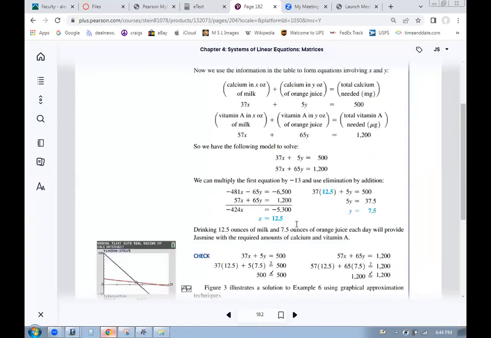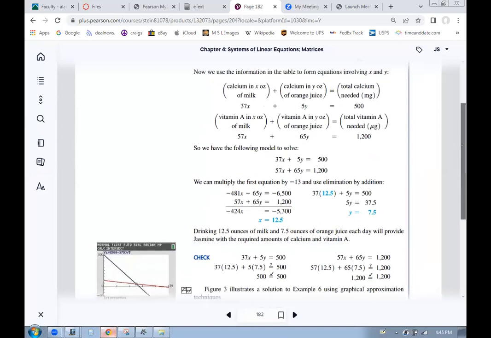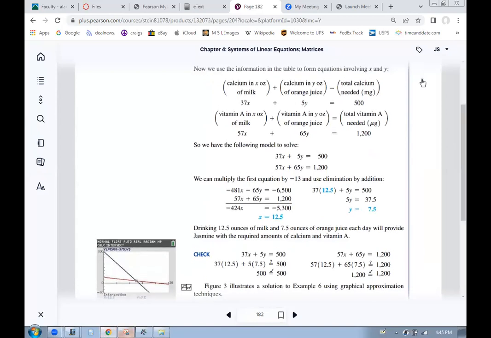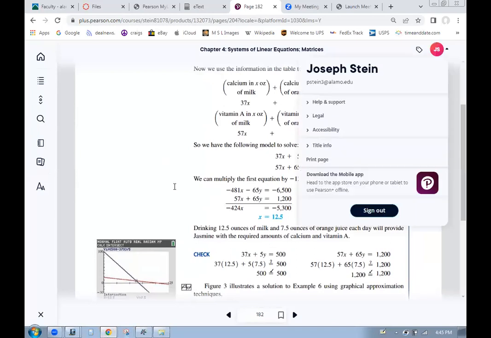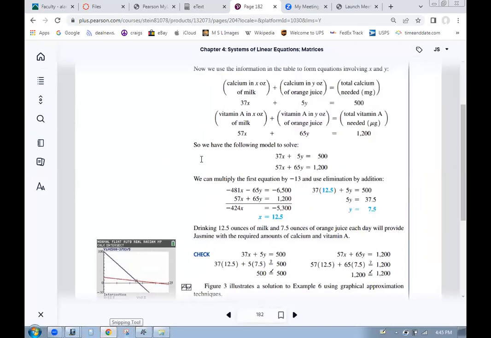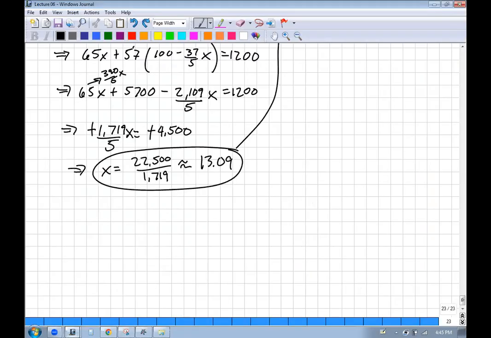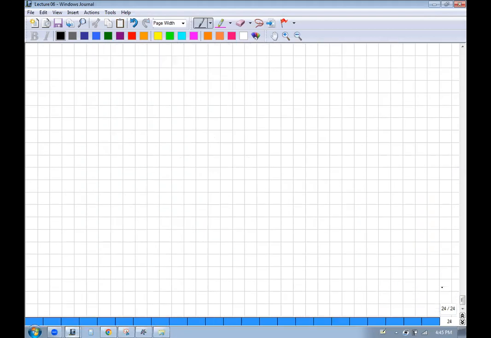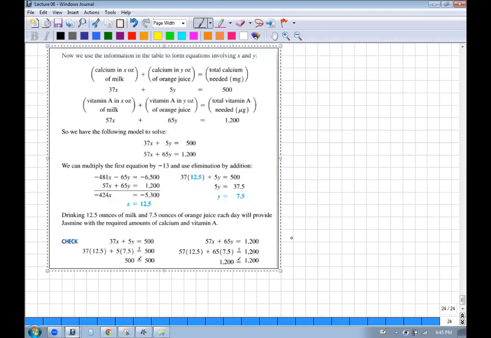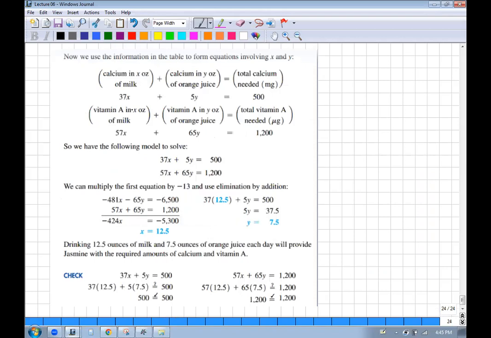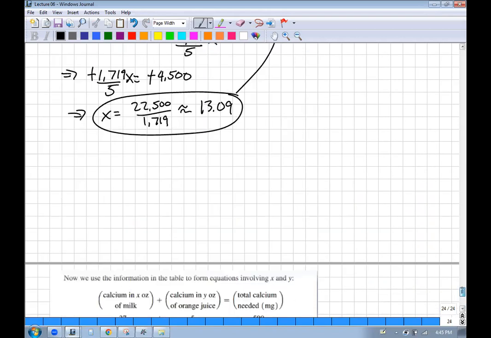I got 12.5. But let's see. Trying to work too fast. Let's check their work here. I got 13.09. I did something wrong with my arithmetic. I was working too fast. So my equations were right. 37x plus 5y equals 500.